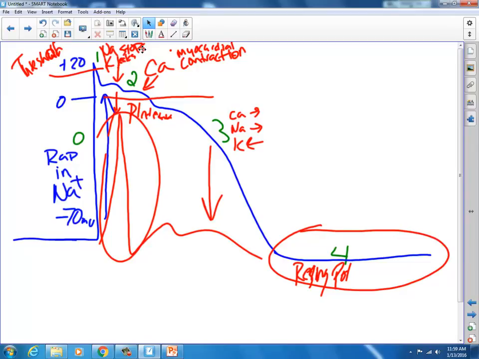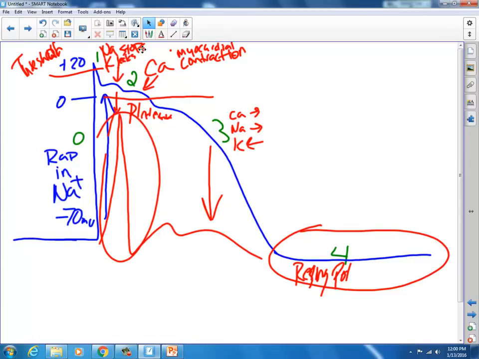V1 through V6. When I have a view of how the axis works with the leads, the view of it actually forms what? Einthoven's triangle, right?